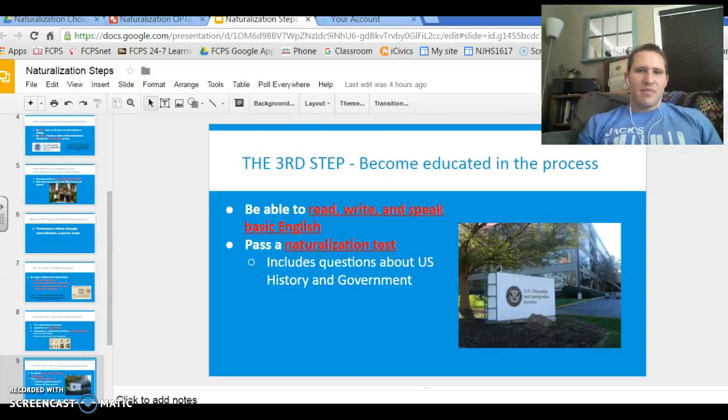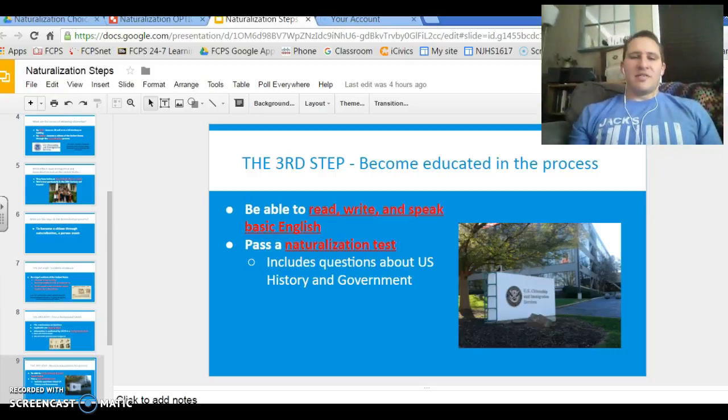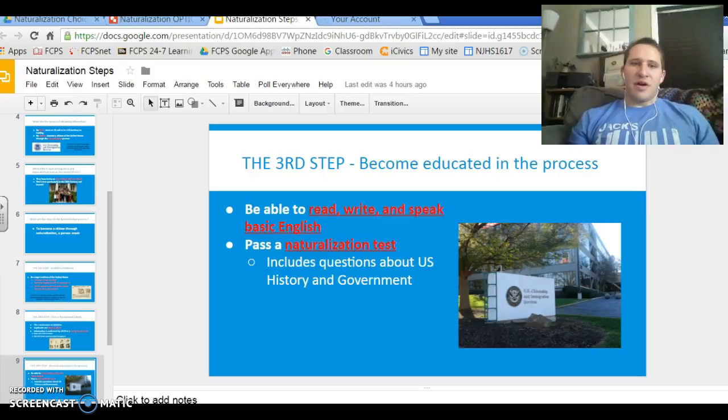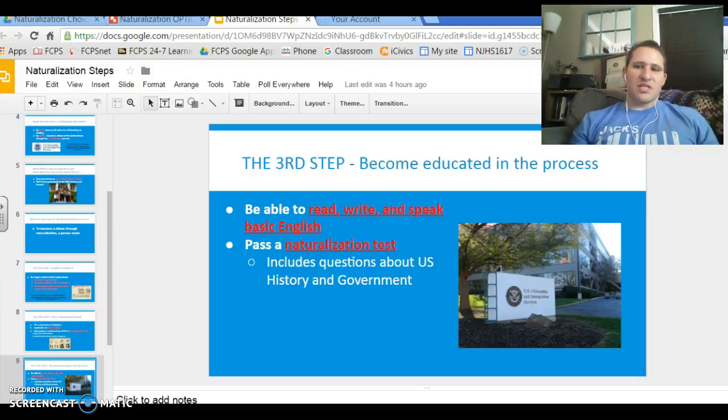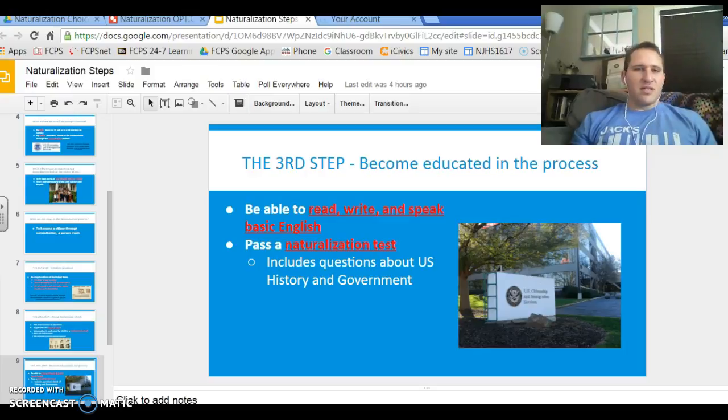The next step is to become educated in the process. As a potential citizen, you need to be able to read, write, and speak basic English. And then you're going to study American history and obtain some knowledge about how our government works, who our past leaders were, and how we fared in foreign affairs and things of that nature, in order to pass the naturalization test to become an American citizen.